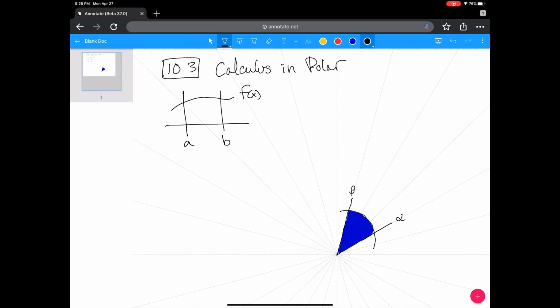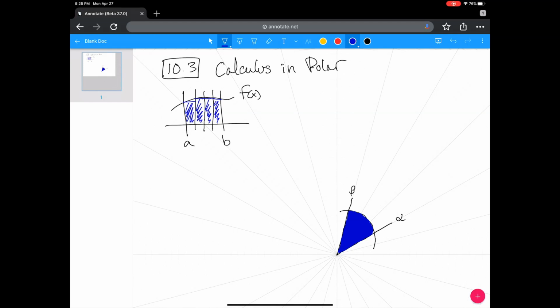To get it, we subdivided our input variable into intervals, and in each interval, we chose a particular height of the function to represent the height of a rectangle in that subinterval. Maybe it was the lower value, maybe it was the upper value. Then we'd use the area of that rectangle as an approximation for the area under the curve, and add those up with a summation.